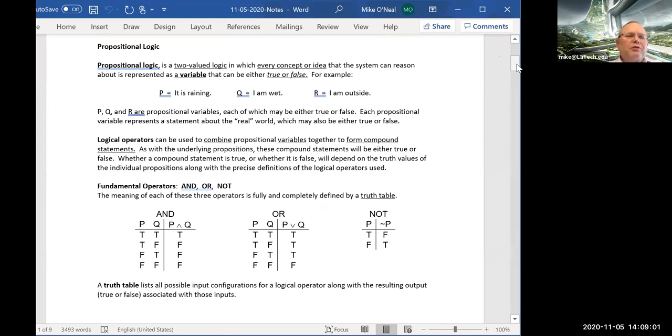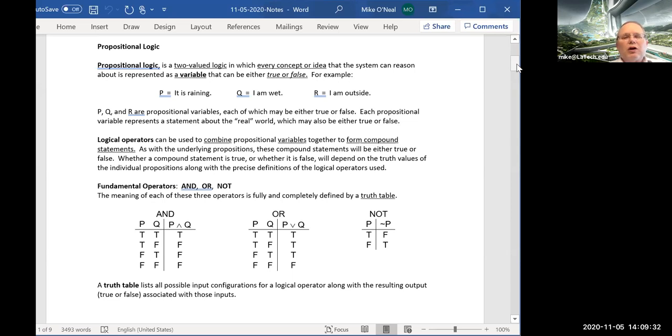Okay, so you can see propositional logic. Propositional logic is a logic that is two-valued. So you can have variables like P and Q and R, and those variables can be mapped to concepts. Like we could, let's say, P mean it is raining, and Q mean I am wet, and R mean I am outside.